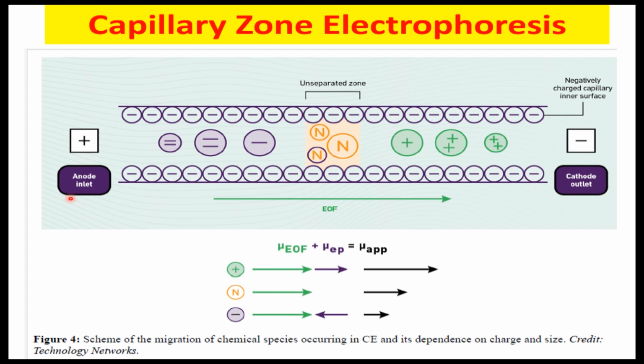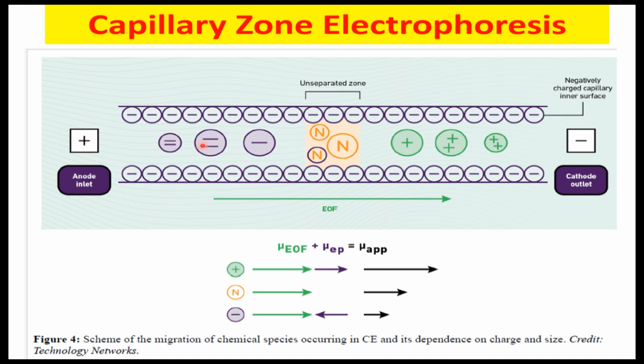Anode, as the name suggests, attracts the negative ions of the sample, while the cathode outlet attracts the neutral and the positive ions of the sample. So the positive ions and the neutral ions get attracted to the cathode outlet, generate the peaks, and the sample is detected.